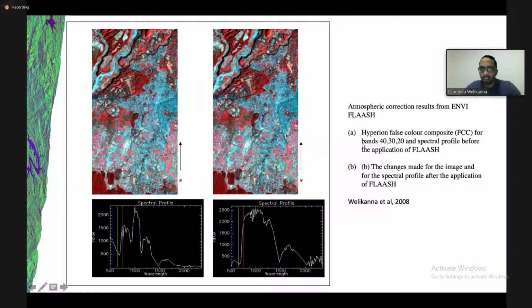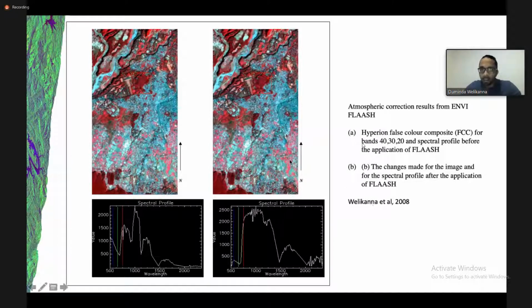But if you correct for the atmosphere, you will see the red edge, a very famous phenomenon for vegetation. Lush vegetation will have a red edge. The spectral profile is continuous because this is a 220 band image.